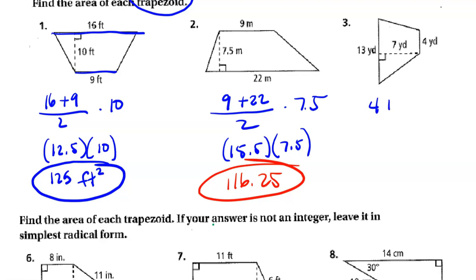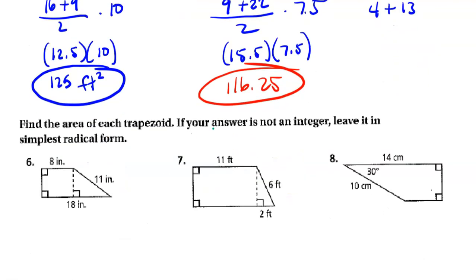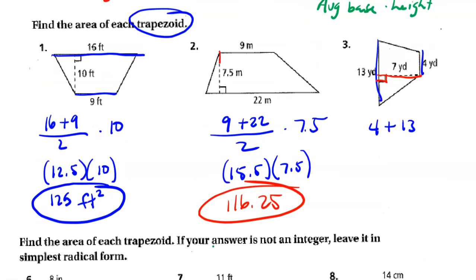My two bases are 4 and 13. So remember, these ones, the bases are kind of going vertical, and the height is actually drawn in right there between the two bases. Also realize the height always is going to have that 90-degree angle shown in it to show that it's the true distance between the two bases.